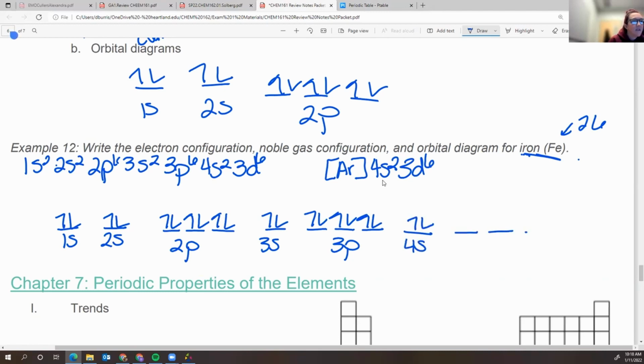And then D's have 5, so this is 3d. And remember, the electrons like to spread out before they pair up. So 1, 2, 3, 4, 5, 6. Okay, so that's Hund's rule. They like to spread out before they pair up.